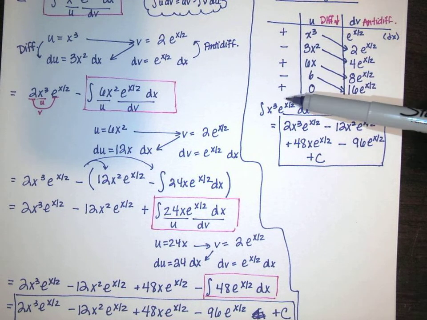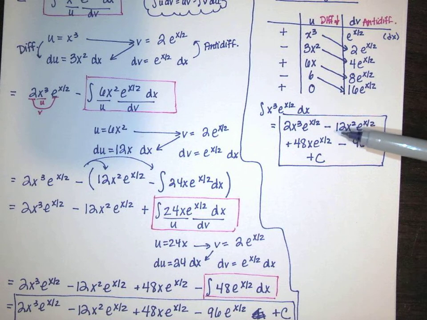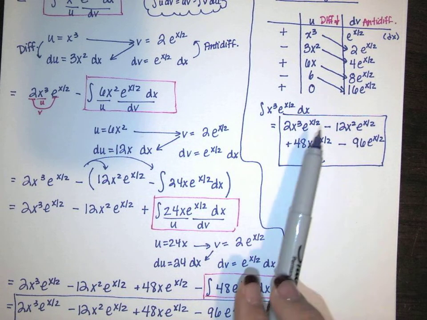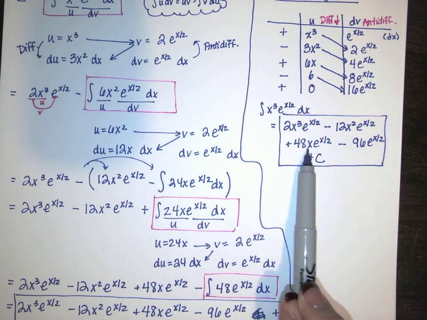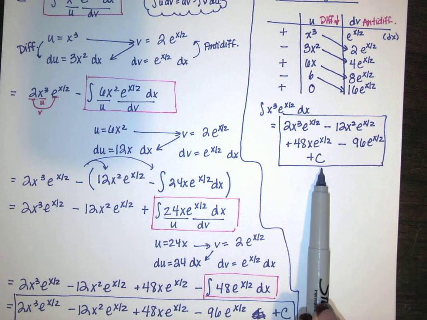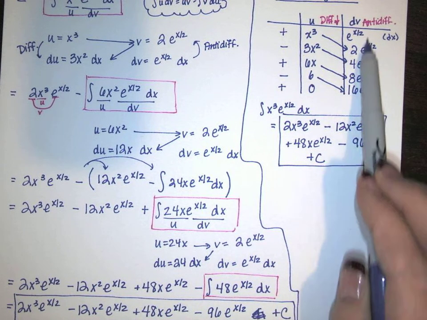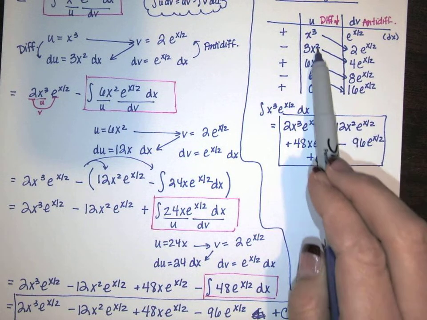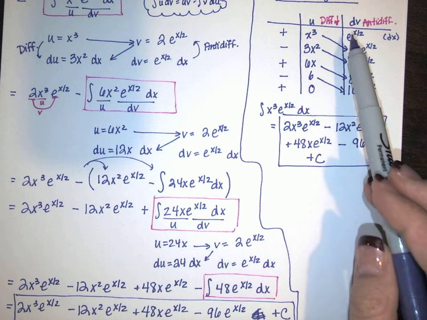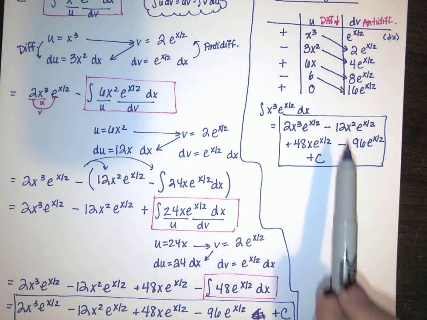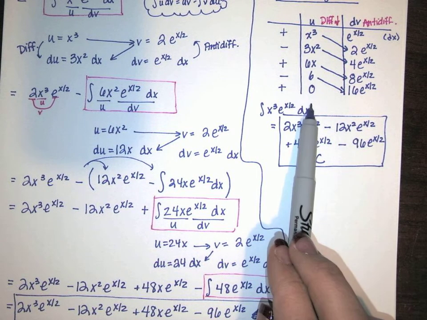It's telling you what to multiply by. It's not telling you the sign of the final answer. In this one, it happened to be the case that we ended up with a positive, a negative, a positive, a negative, and then the plus c. But that only happened because all of these guys were positive and all of these guys were positive. You cannot count on that sign convention here, but you absolutely can count on it here.